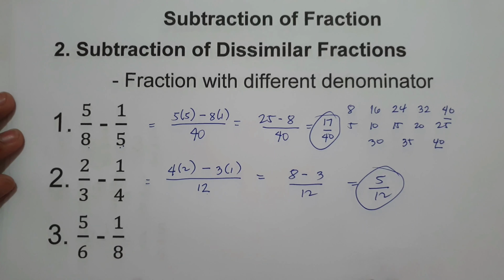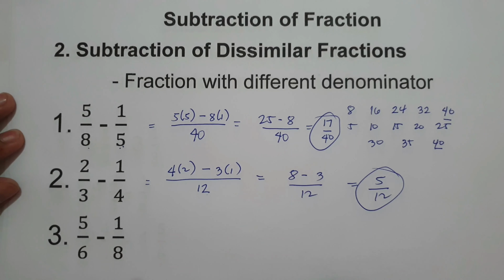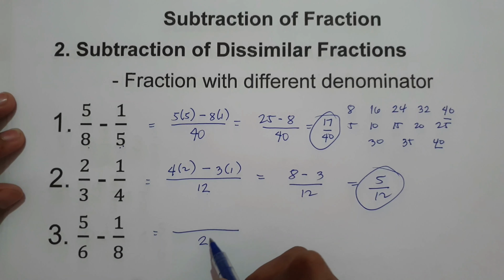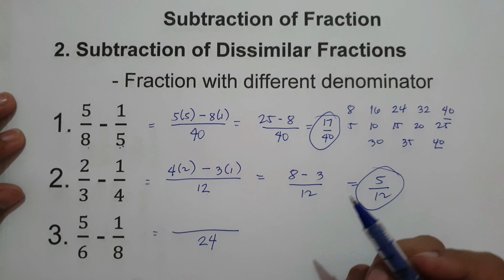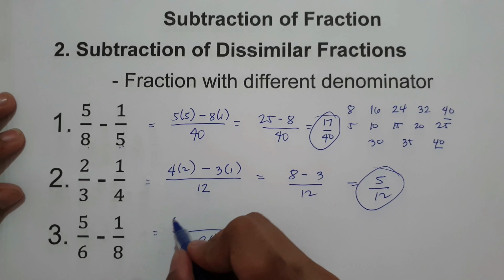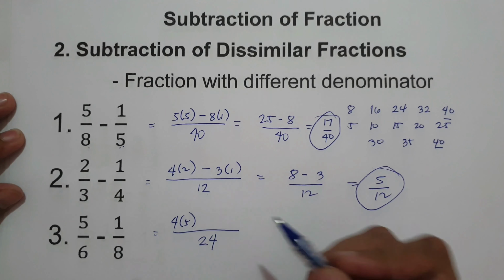What about number 3? Go ahead and find the difference of these fractions. We have 5 over 6 minus 1 over 8. So the LCM of 6 and 8 is 24. So 24 divided by 6 is 4, times 5.